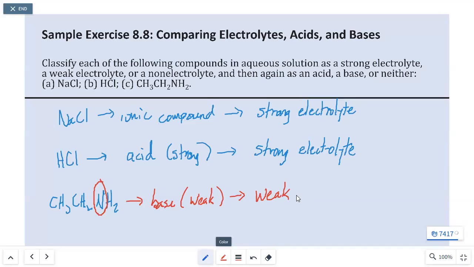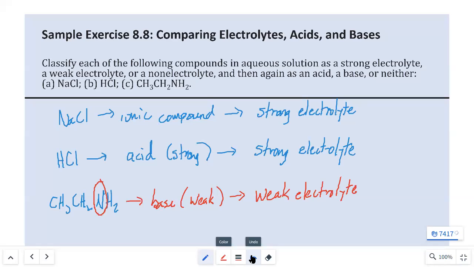By technical definition, we would call it a weak electrolyte. However, since we are not focusing too much on organic acids and bases, if you had classified this as neither and a non-electrolyte, I wouldn't have held that against you either.